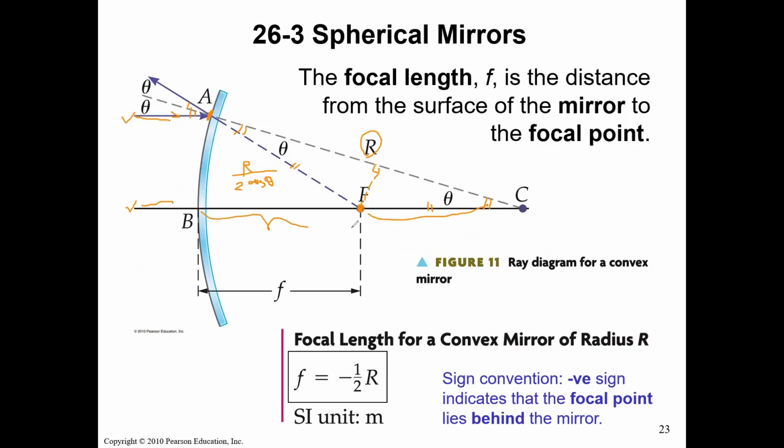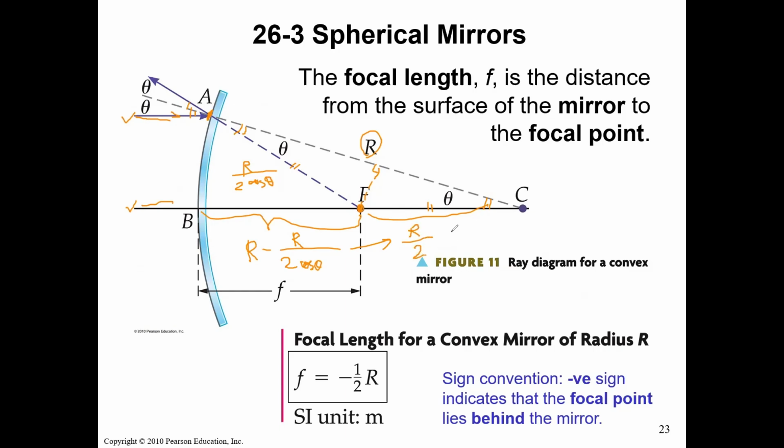So at the end of the day, we'll find out that the length of BF is basically BC, which is R, minus FC, which is R divided by 2 cosine theta. And we find out that if theta is small, this will go to R minus R divided by 2. So it's R divided by 2.